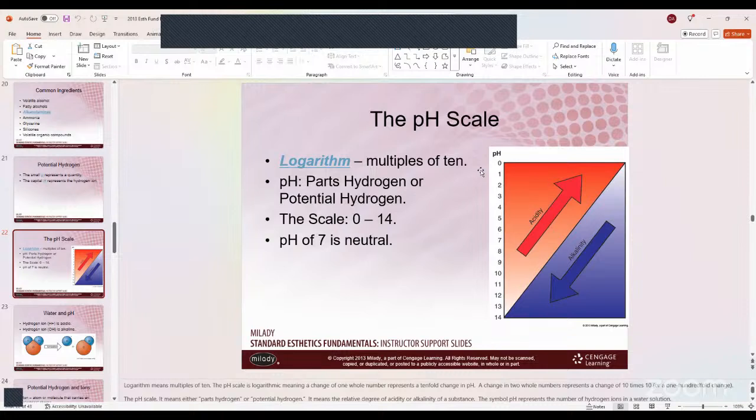So remember that one step up or one step down does not mean it's just one step away. It means 100,000 steps away. So going down and going up, the further the number is from 7, the stronger the product is on either side. If you are at 7 and it's water, and that number is going lower, it's going to be a strong acid.